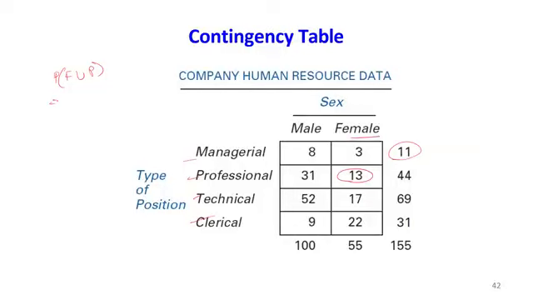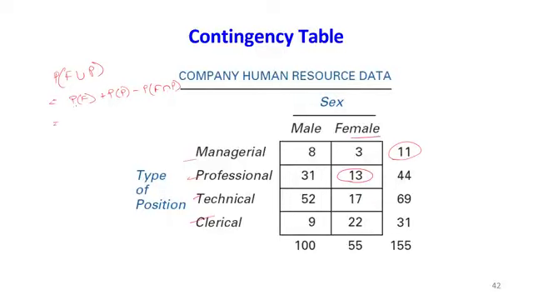Can somebody quickly calculate this? Okay, let's do it together. What is the equation? It is probability of F plus probability of P minus probability of F intersection P, right?